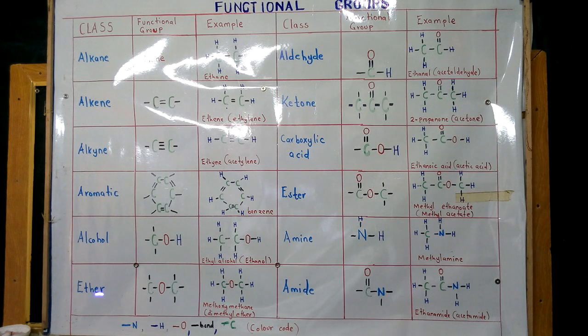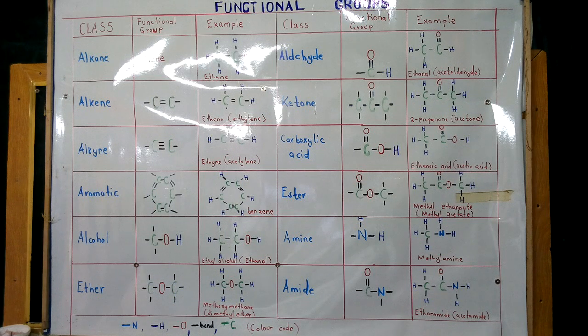So the next class is ethers, a group of organic compounds that consist of an oxygen which is bonded covalently to two carbon atoms. We're going to see that later. We illustrate these carbons using a capital R, which denotes a radical group.